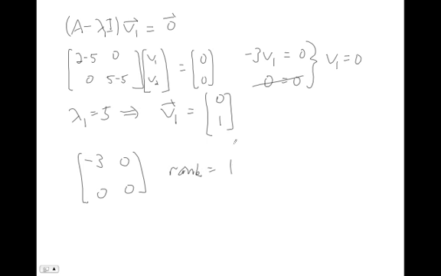There's one linearly independent column. But if there's one linearly independent column and rank of 1, and we have two columns, you put those two facts together, and it says our nullity is equal to 1. So we have a one-dimensional null space for this matrix. So not only did we find an eigenvector that's associated with this matrix, but we found the only eigenvector that's associated with it.